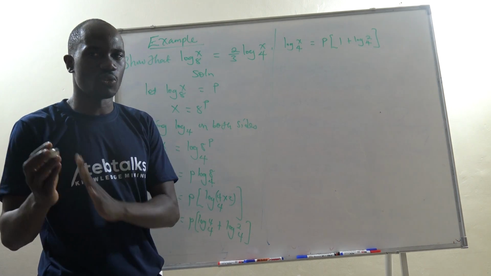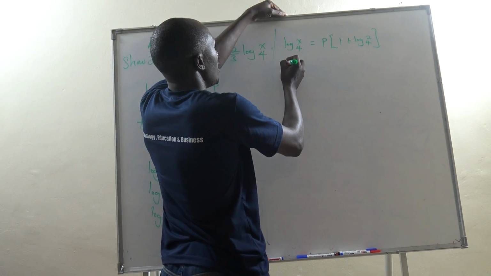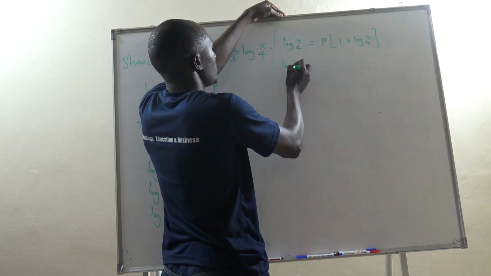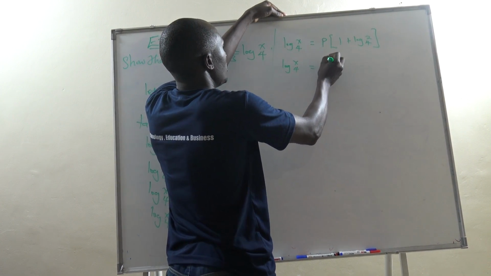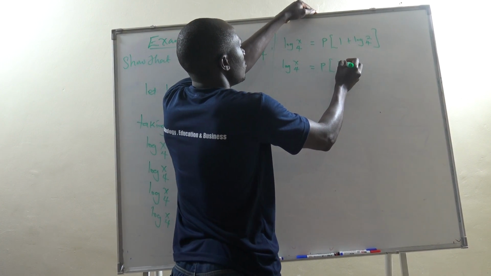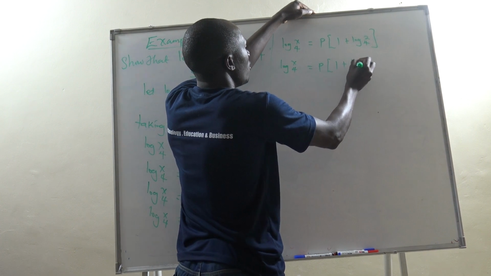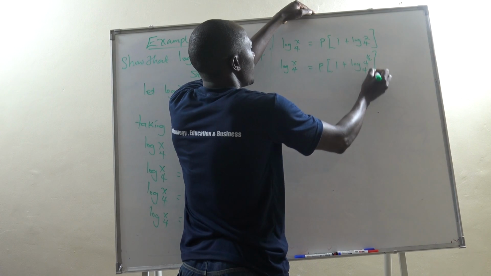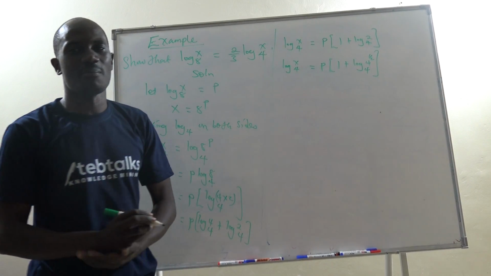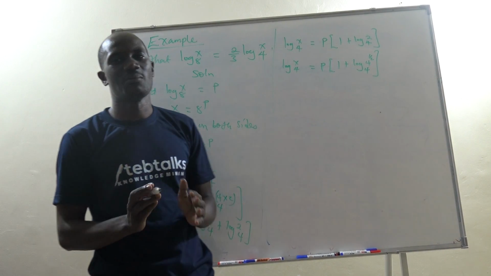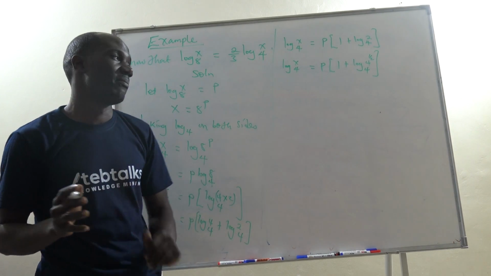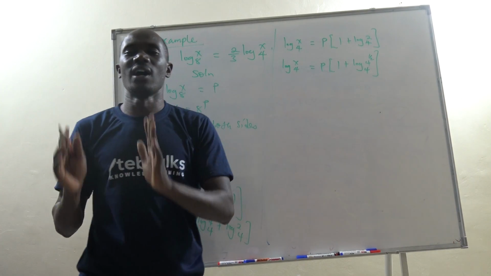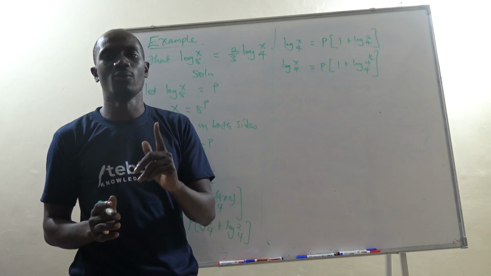So this is the same as log of x base 4 equals p into 1 plus log of 4 power a half base 4. Because we say that any number power half is the same as the square root of that number. Equally, when I say 4 power half, I'm talking about the square root of 4.